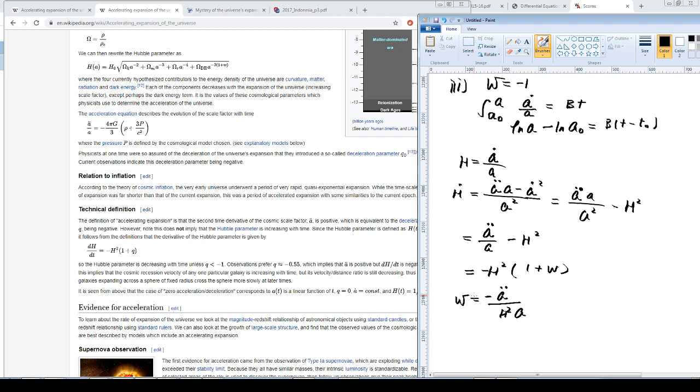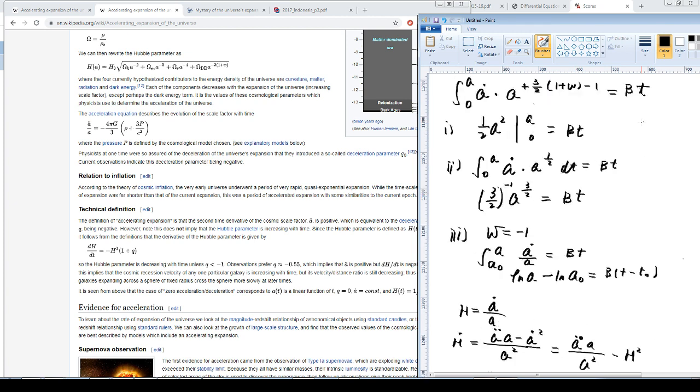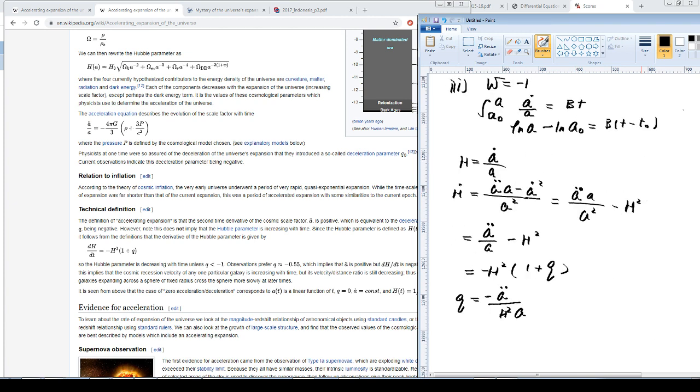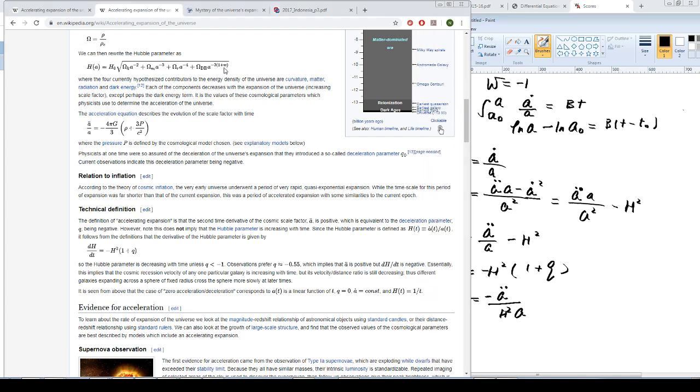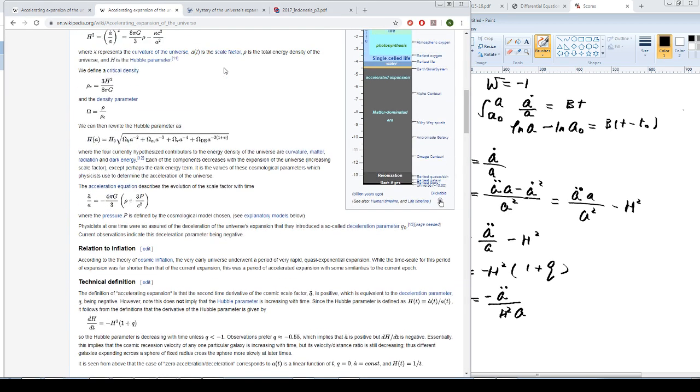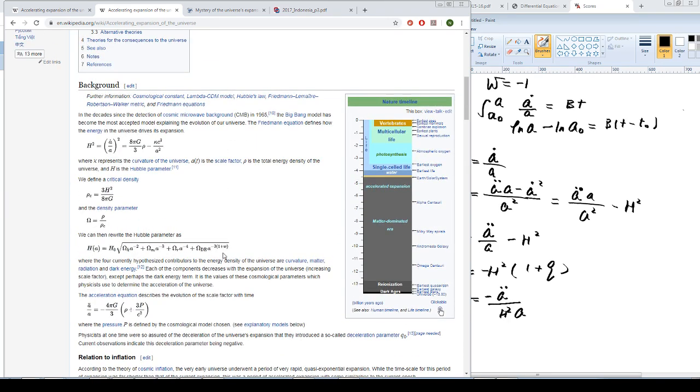Yes? Okay, but that's their Q. I think maybe their Q is not our W. Actually, I see that they've used W, our W, in a similar context. At the top of the page, it says we can then rewrite the Hubble parameter as this huge square root, and you see they actually use W in the exponent. They have a different W, unless two different people wrote this article.